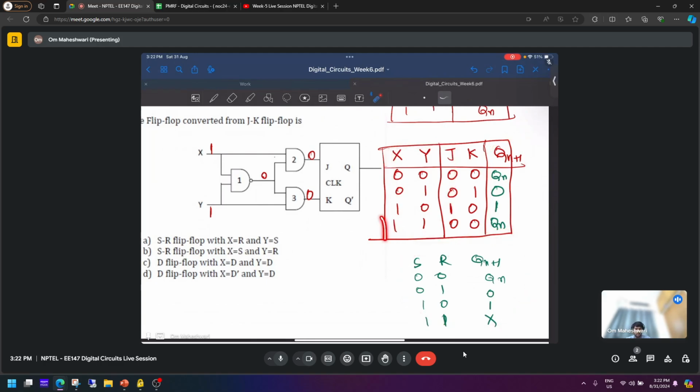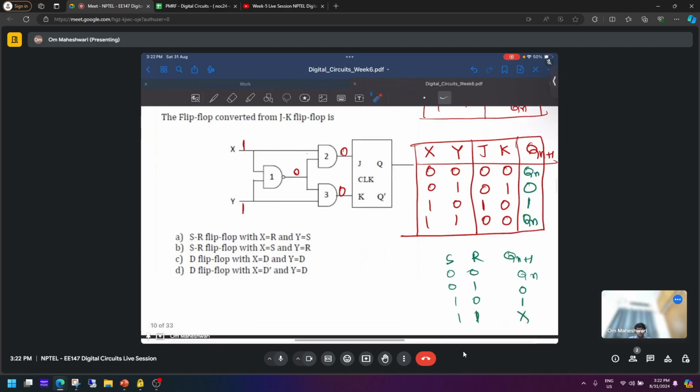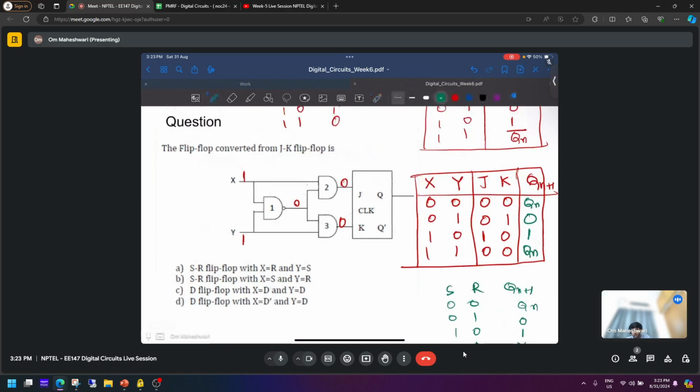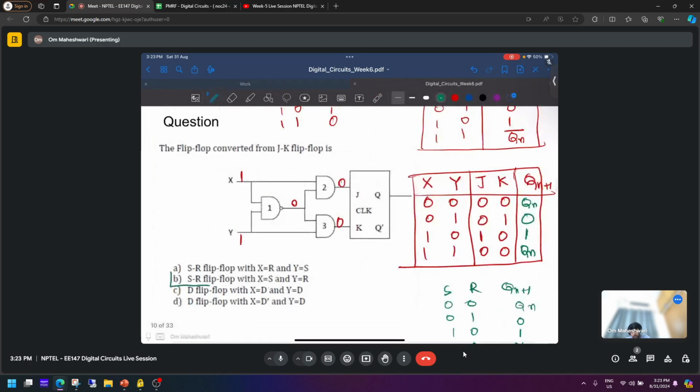Just that for 1, 1, nothing happens. Same here, 1, 1, nothing happens, and it is an invalid case, which we usually do not give. So here X equals S and Y equals R. So the answer is, this flip-flop converted from JK flip-flop is an SR flip-flop where X equals S and Y equals R.